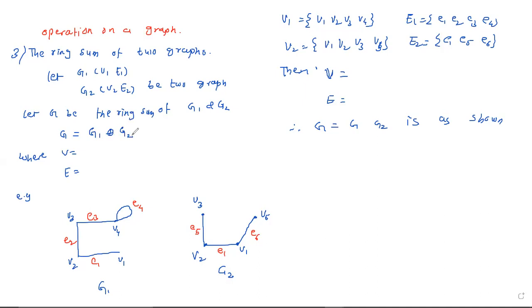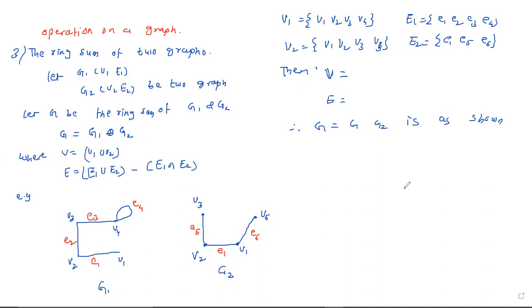So what is the vertex set here? The vertex set is V1 union V2. But the edge set is like this: E1 union E2 minus E1 intersection E2. So the vertex set is like this.